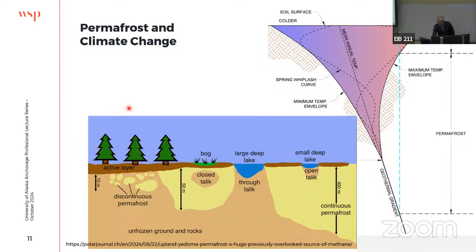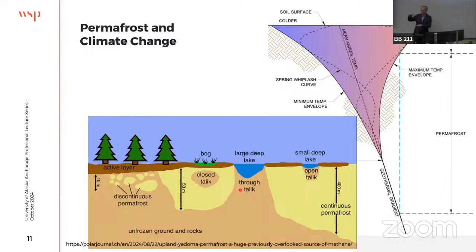All right, so permafrost is something that we as engineers and scientists deal with pretty regularly. But what I'm going to talk about more specifically are these peach zones, these taliks, and you can have closed taliks, you can have an open talik, and then through taliks that never have permafrost below them. But the ones that are going to be the most problematic are those that, by definition, are below your seasonally frozen ground but above your permafrost table, right?